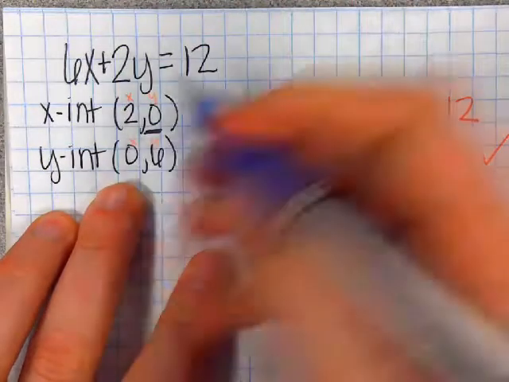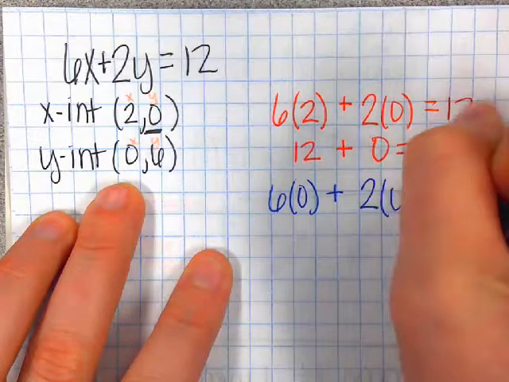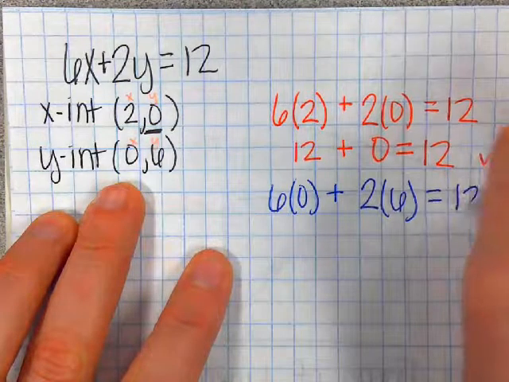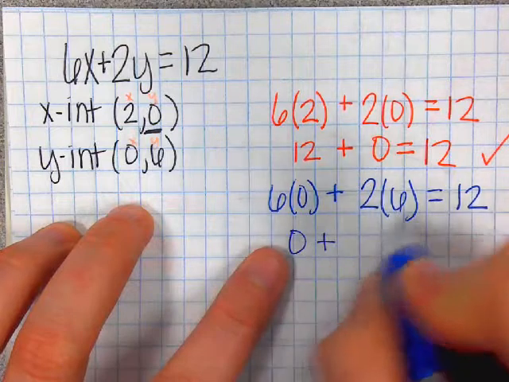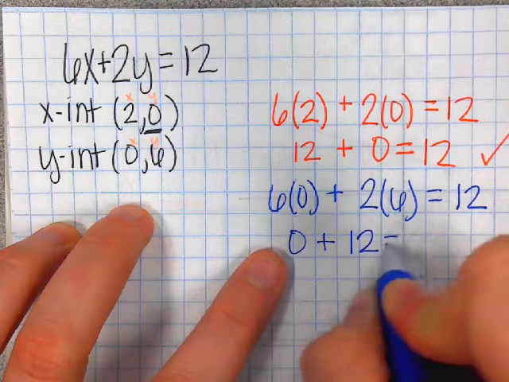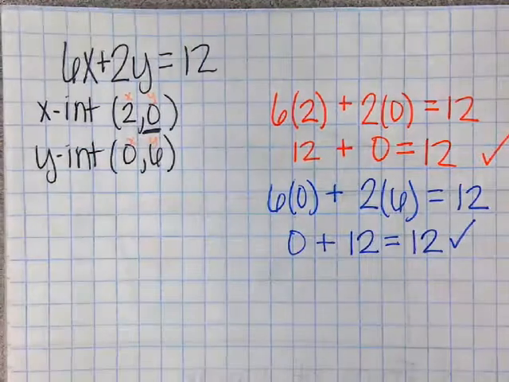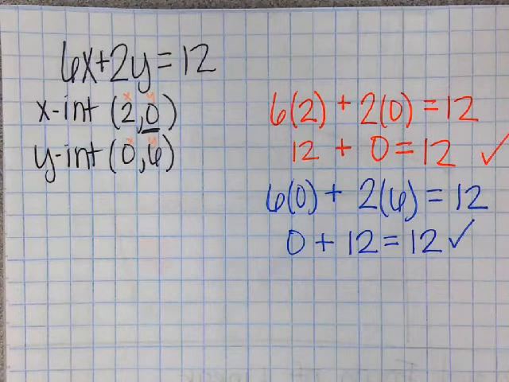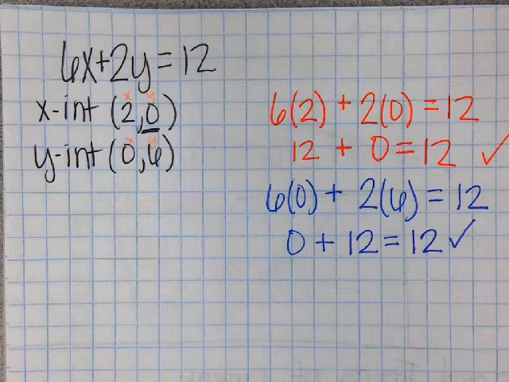Yes, it does. Now let's look at the other one. 6 times 0 plus 2 times 6 equals 12. 6 times 0 is 0, plus 2 times 6 is 12, equals 12. So that works too.